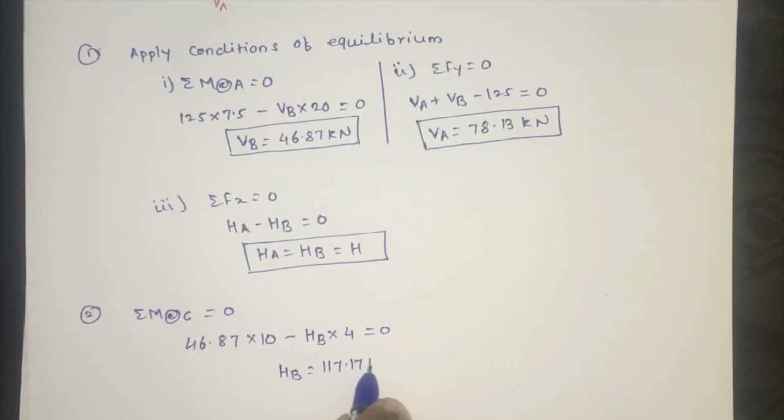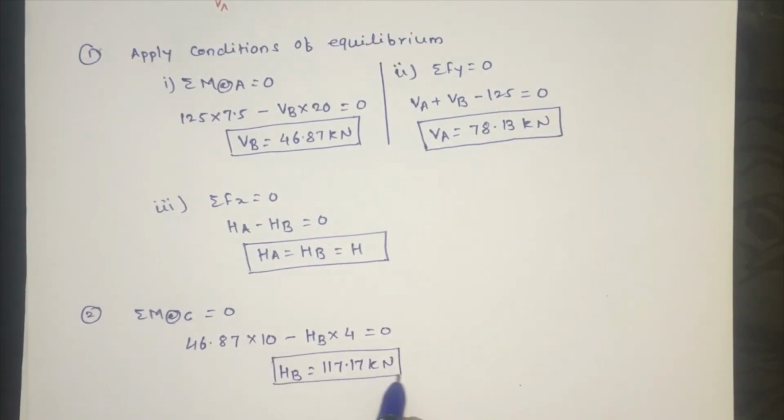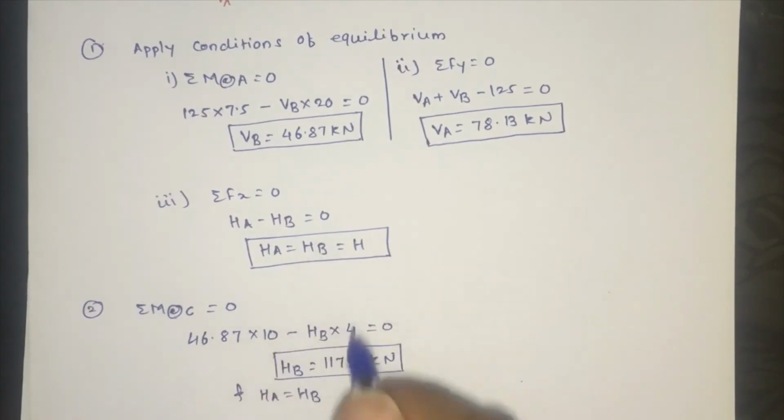117.17 kilonewton. So this is the value of horizontal thrust, and HA is equal to HB. We already proved H is equal to 117.17 kilonewton. So this is the value of horizontal thrust.